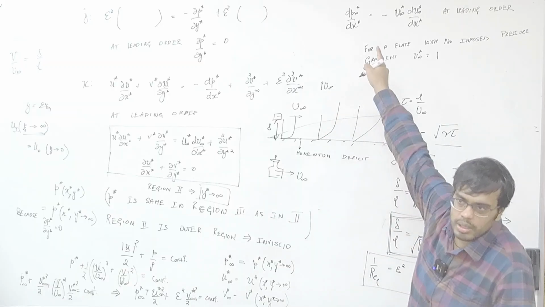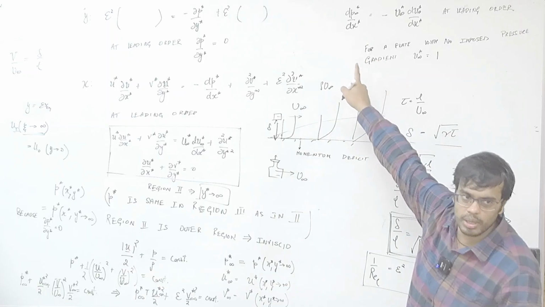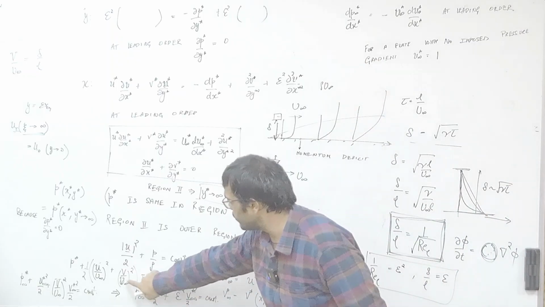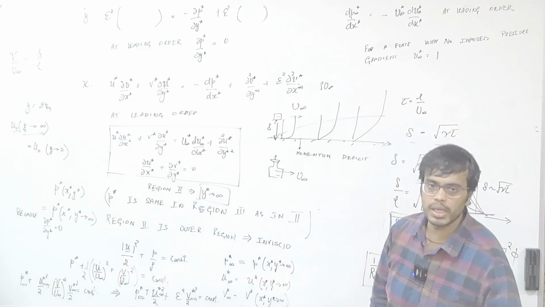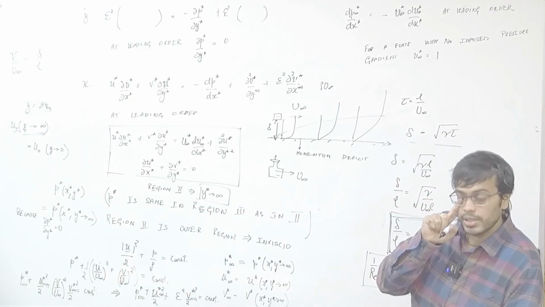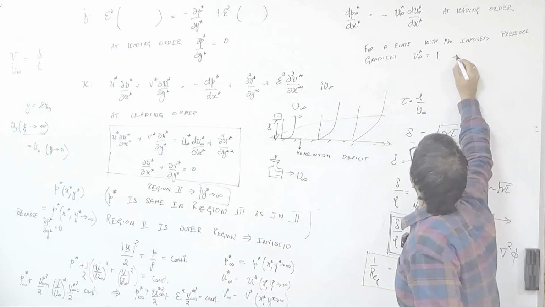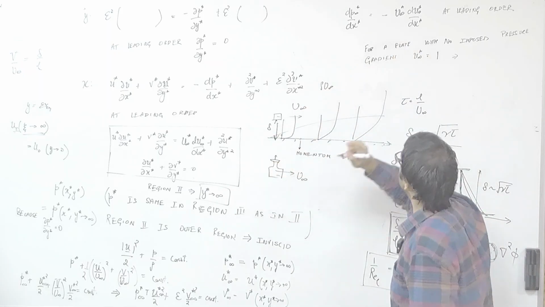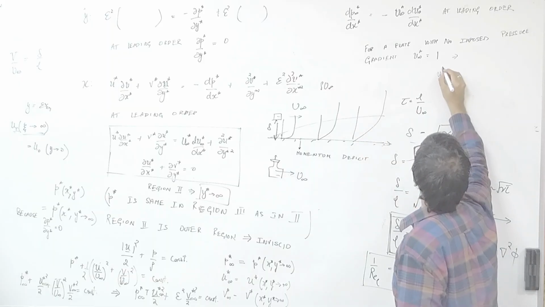This is a star quantity, a non-dimensional quantity. We have non-dimensionalized it with respect to capital U infinity, and so it remains constant. So it is 1. That means this term basically drops out, and your boundary layer equation simplifies even further.